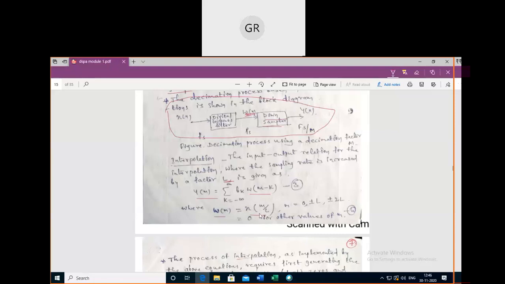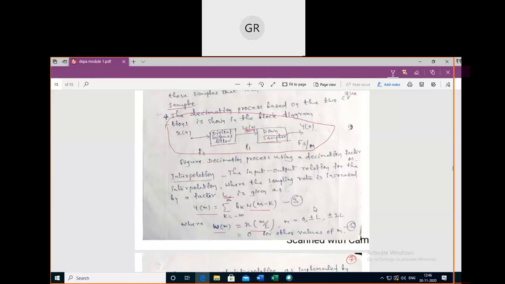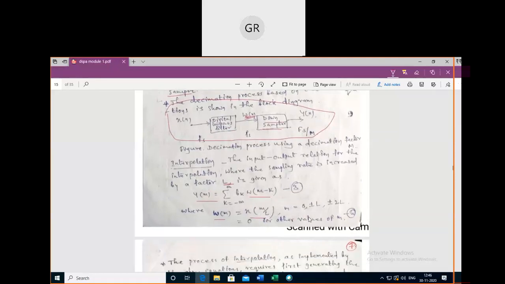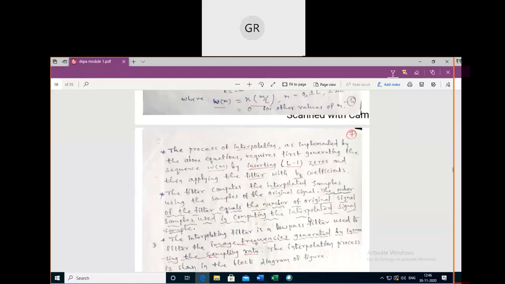That is, x of m divided by L applies when m is 0 or plus or minus L, and this L is the interpolation factor. We'll discuss a problem, then you will get it.